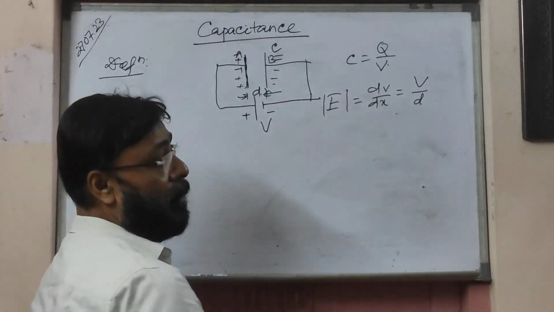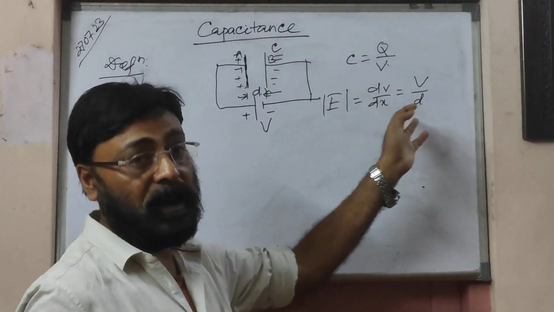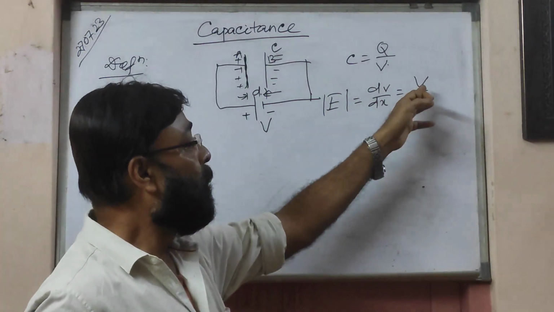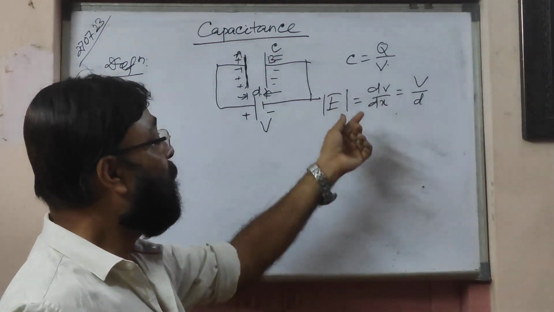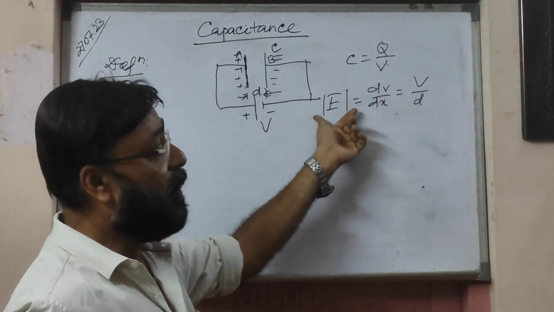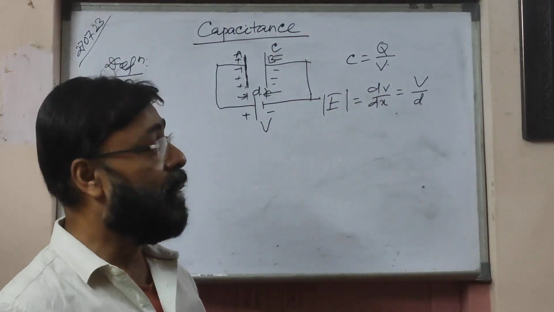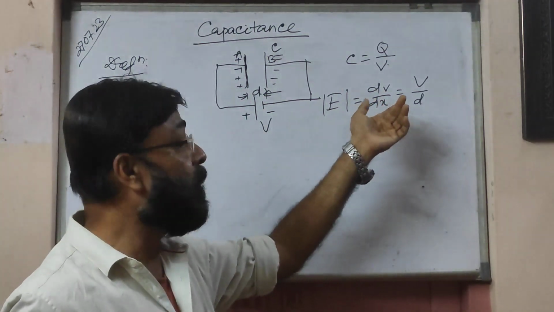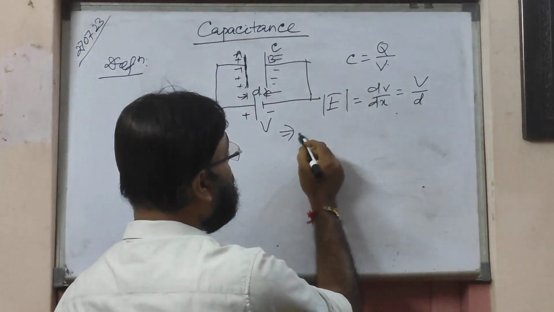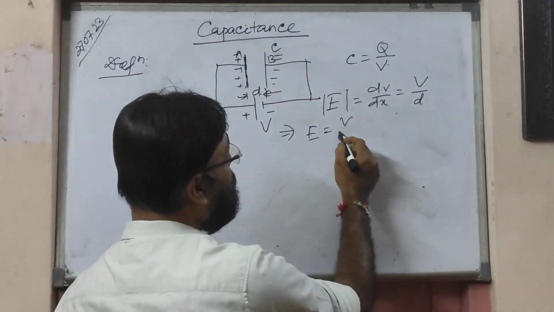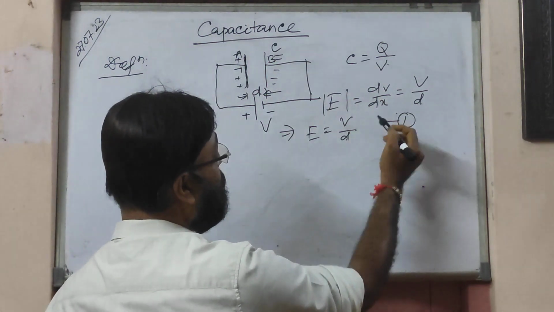So the magnitude of the electric field intensity E is equal to V by d, which is nothing but the potential gradient. Taking the magnitude of the negative of the potential gradient, E is equal to V by d. This is equation 1.